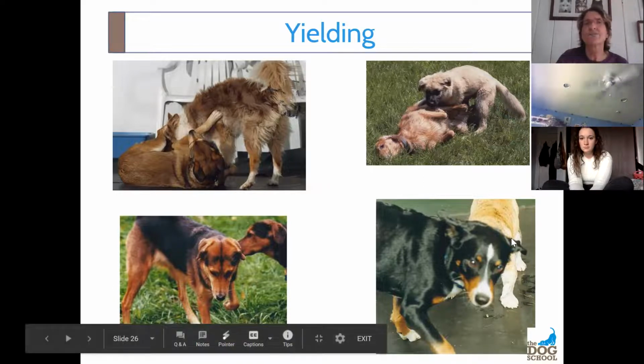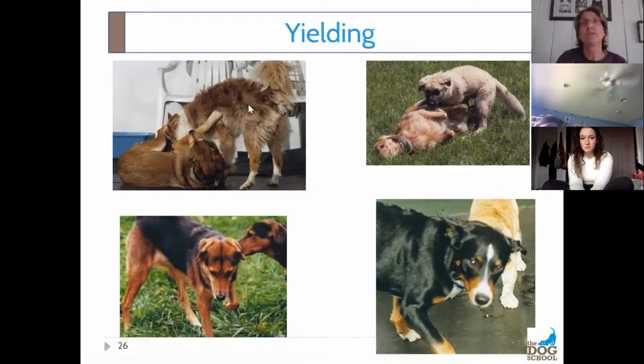Her ears are normally flat. Appenzellers have floppy ears. So she's doing some funky stuff, trying to pull her ears back. She got her hackles raised. So again, fear.